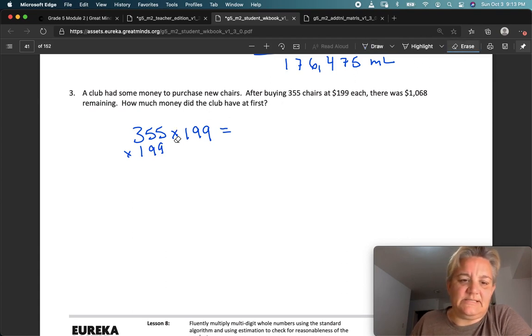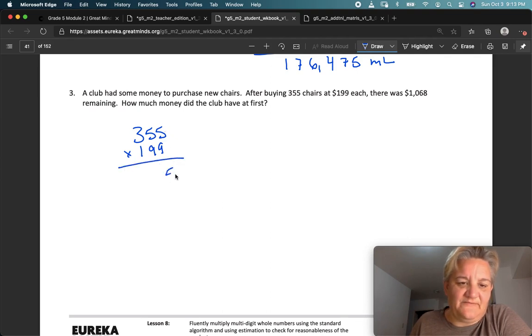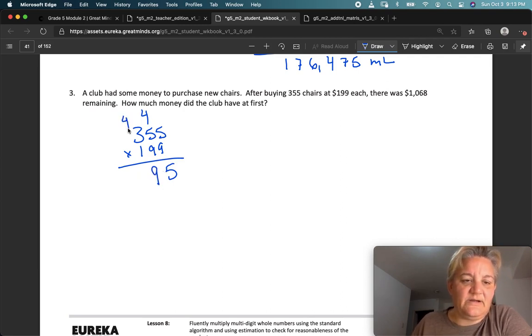And I'm going to erase this right here. 9 times 5 is 45, carry the 4. 9 times 5 is 45, plus 4 is 49, carry the 4. 9 times 3 is 27, plus 4 is 31.